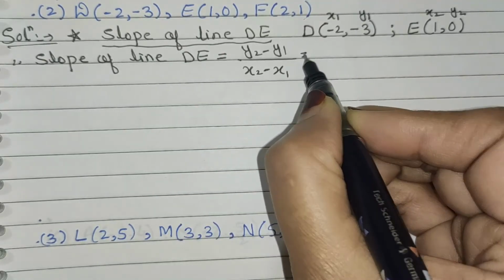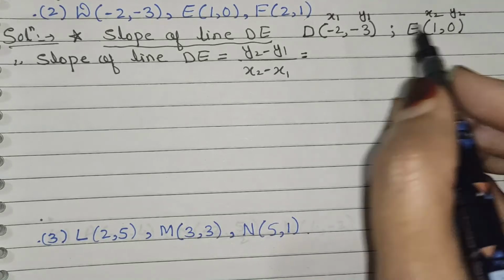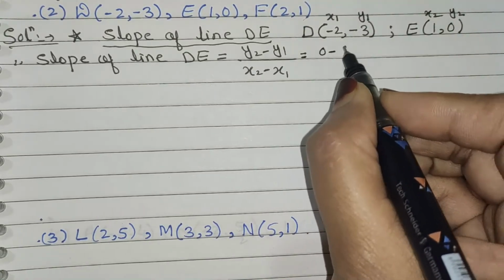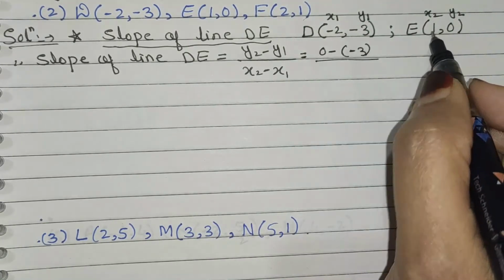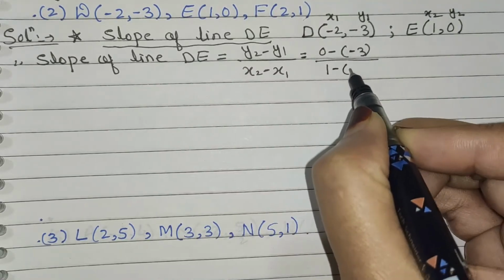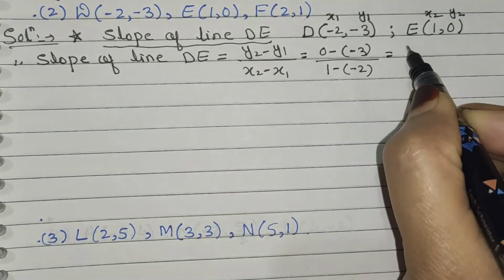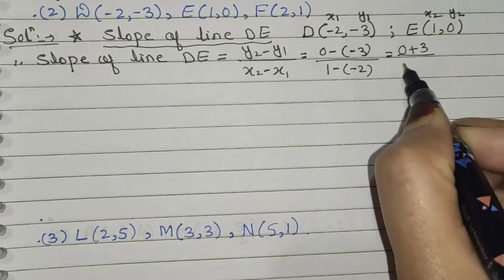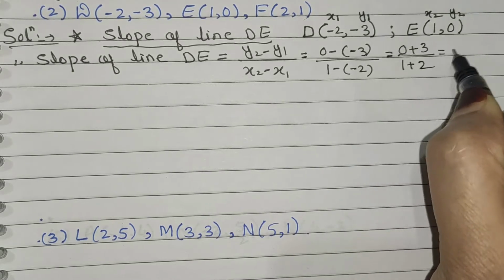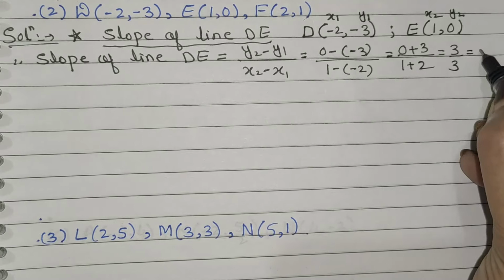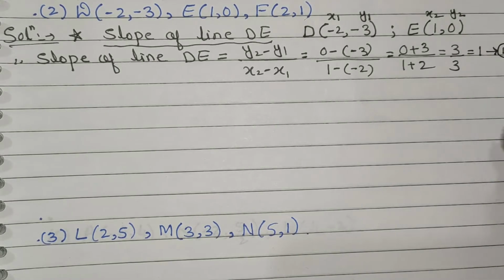Now substituting the values, we get here 0 minus of -3 upon 1 minus -2 is equal to 0 plus 3 upon 1 plus 2, means 3 upon 3 is equal to 1. Give it equation number 1.